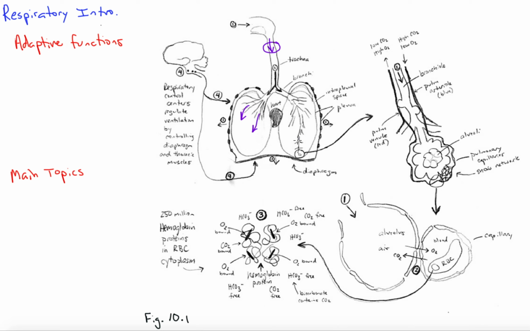This is just a sketch, but there's a branching system that provides access to more than 300 million individual little air sacs called alveoli. So in other words, each one of our lungs is actually several 100 million individual little pockets of space.